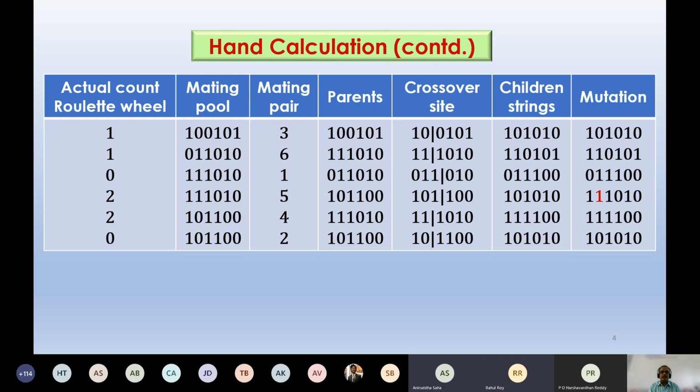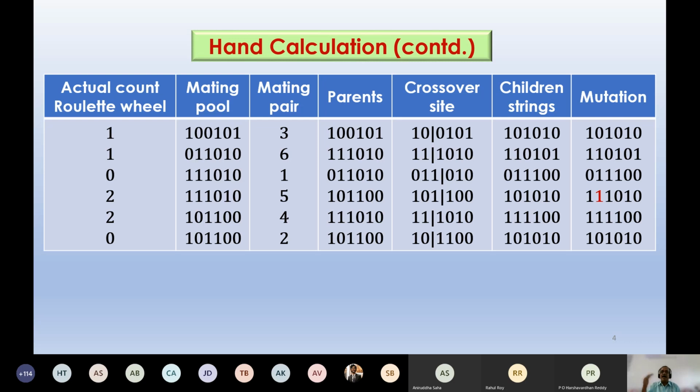Sir, from this initial population of 6, how many pairs are we selecting? From 6, there will be only 3 pairs, because in one mating pair there will be 2 solutions. For example, if the population size is 100, there will be 50 pairs. Now, all 50 pairs may not participate in crossover. Whether they participate will be decided by your crossover probability.